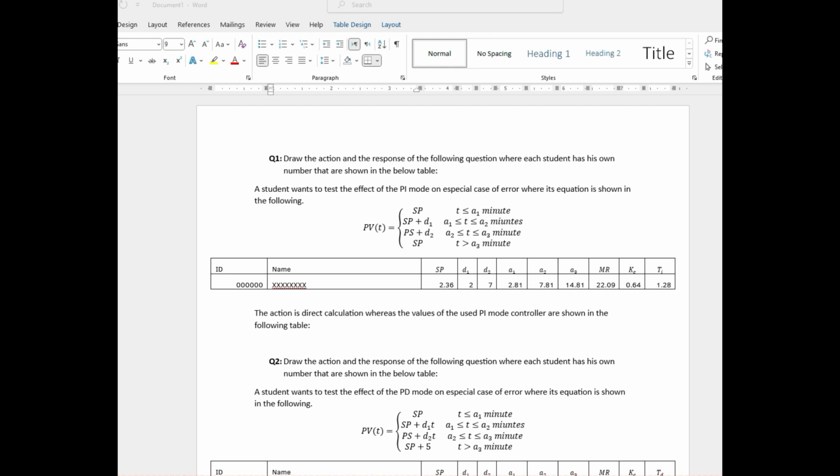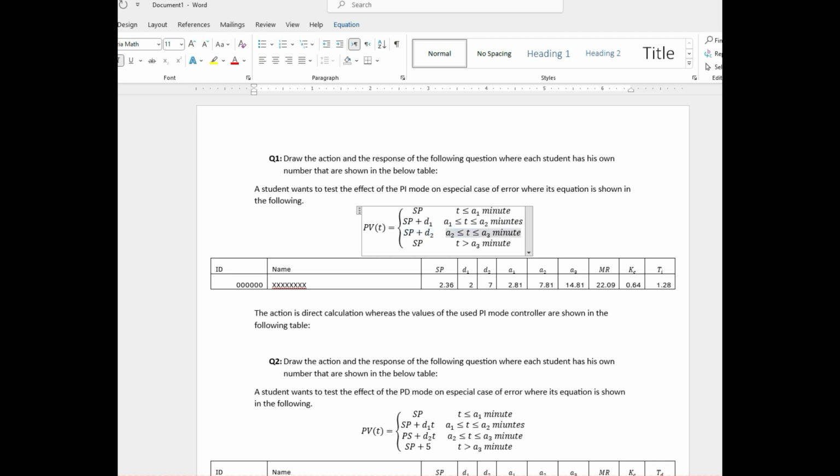So in this example we can say from the start until the time A1 we put our simulator to send the set point signal. Now after that, between the time period A1 and A2, we put our set point in our simulator plus a small error D1. And there is a mistake here, it is SP by the way, not set point.